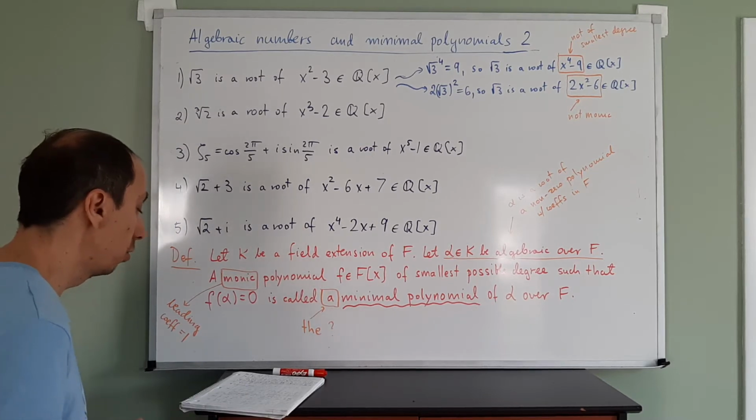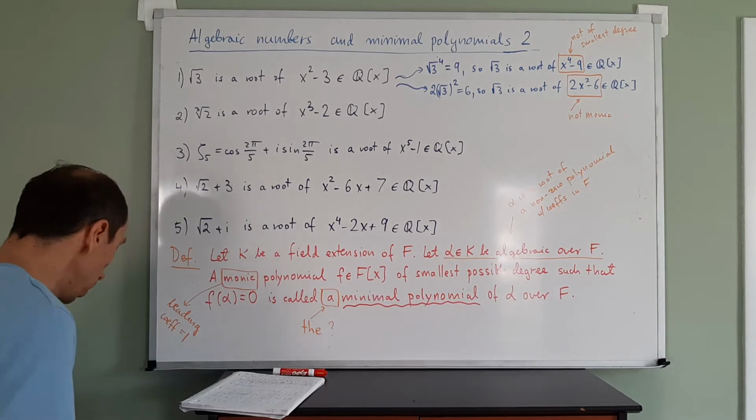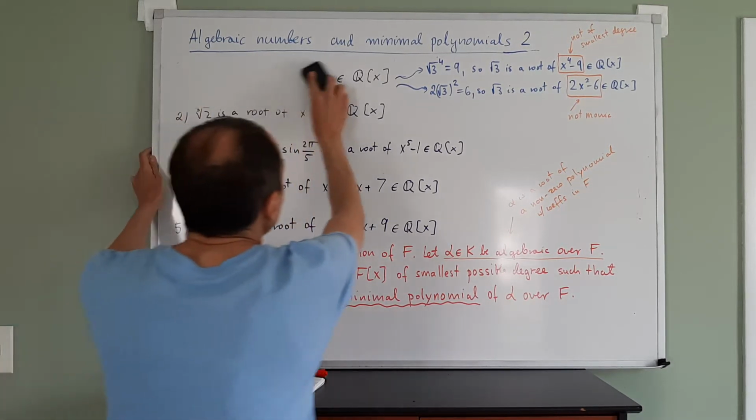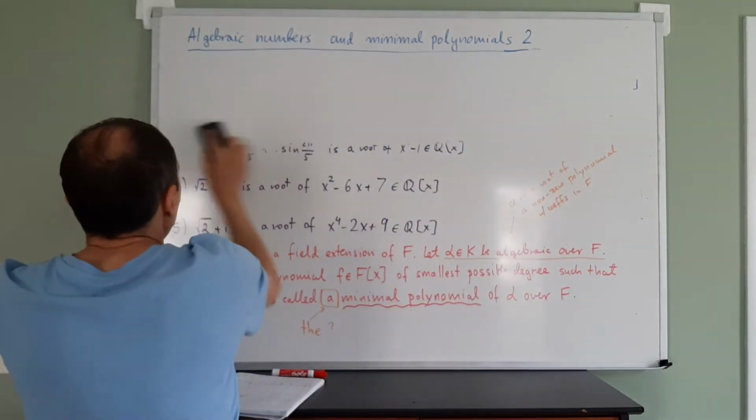Namely, we're going to show that they're unique, and then one other property which also will be very useful for us. So I'm going to erase these now. However, we will come back to these examples.